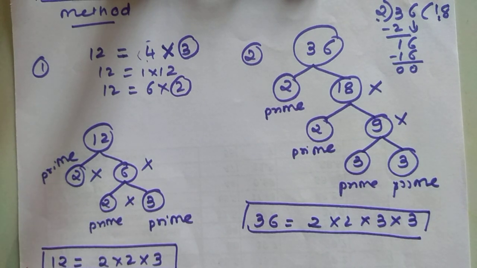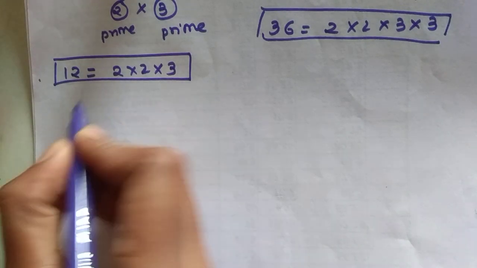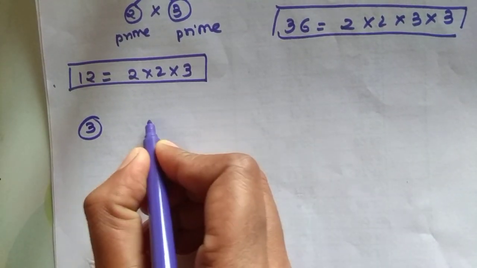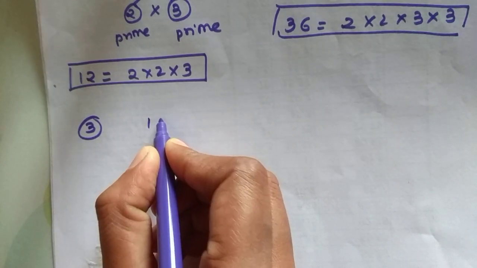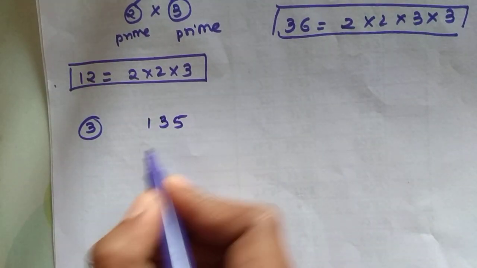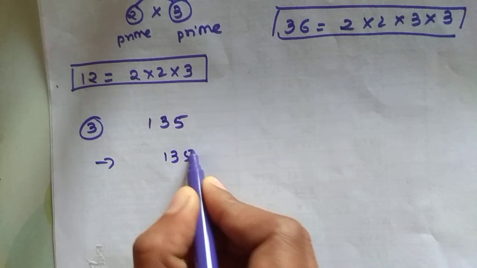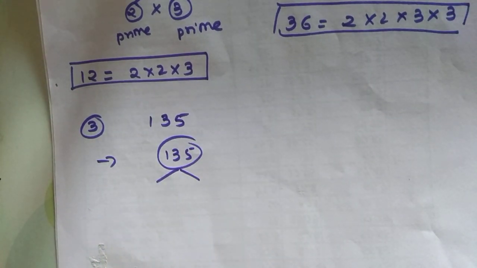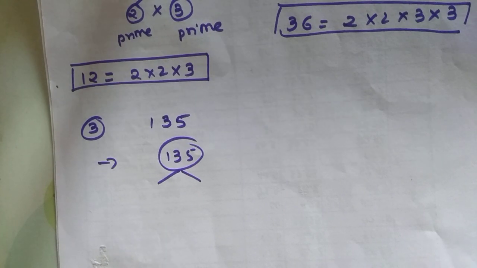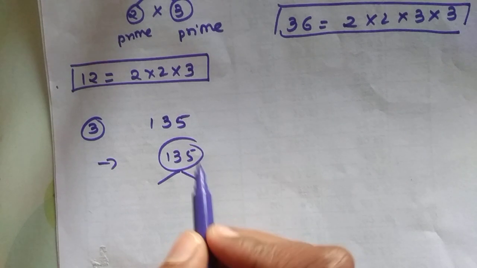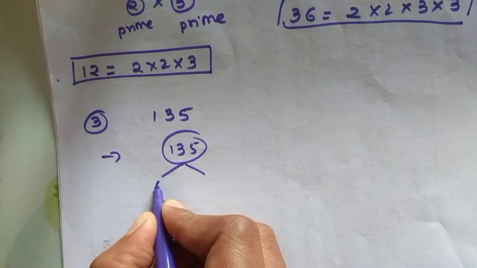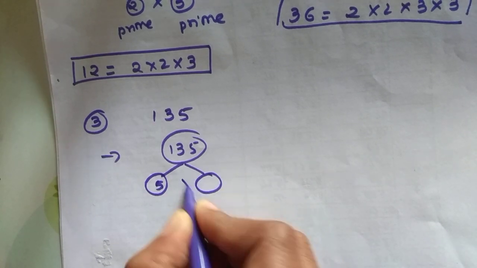Now I'll take a 3-digit number, whichever you want. I would like to take 135. See which are the factors of 135 and in which table it comes. Suppose you find it difficult, then you can use the test of divisibility. As the last digit is 5, it is divisible by 5. So 5 into something will be 135.